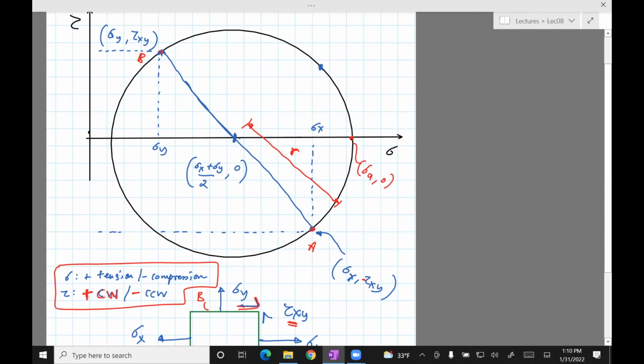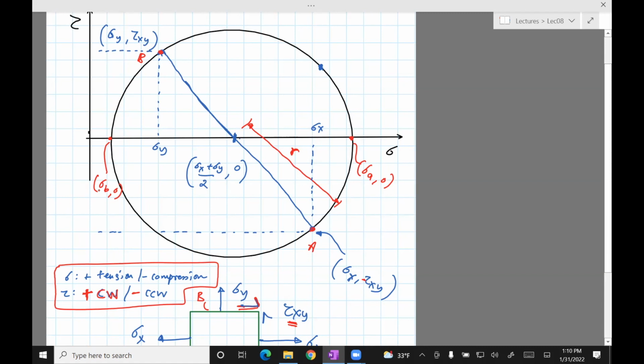That's the farthest most point on the sigma axis. That's going to be the maximum principal stress. The minimum stress is going to be here. Just by observation, you don't need to know anything about those formulas. The minimum value for stress is sigma B, that's all.